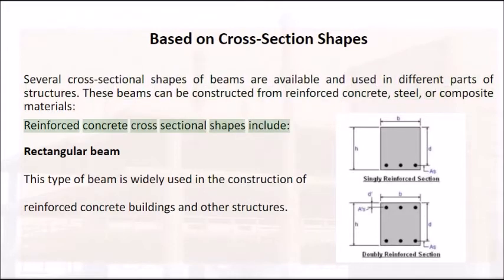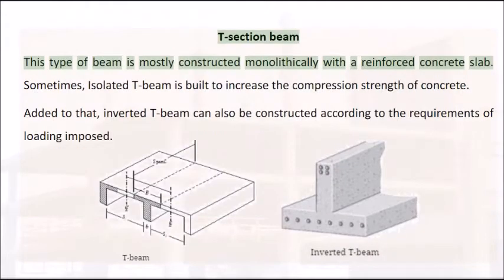Reinforced concrete cross-sectional shapes include the rectangular beam. This type of beam is widely used in the construction of reinforced concrete buildings and other structures. T-section beam.